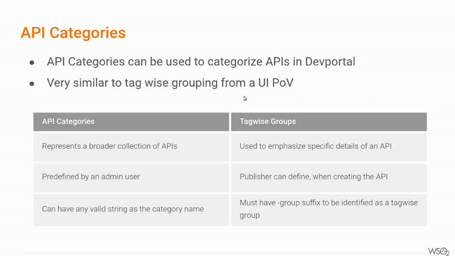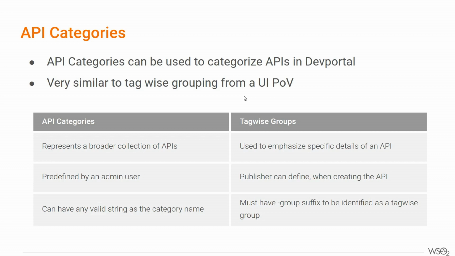API categories are used to categorize APIs in the dev portal. Yes, you could have done this using tag-wise grouping feature too, which makes the two very similar from a UI point of view. But it is important to highlight the differences here. API categories represent a broader collection of APIs, whereas tags are used to emphasize specific details of an API.